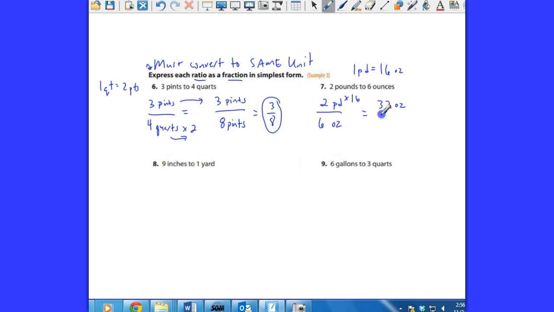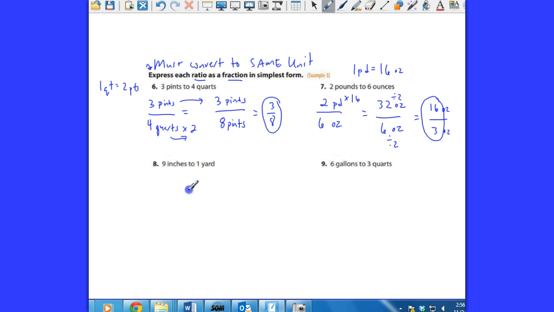You see how now I have the same unit of measure here? I have 32 out of 6, and now I can divide both by 2. I can reduce that and say that 2 pounds to 6 ounces is the same thing as 16 ounces to 3 ounces, or 16 to 3 is really the answer right here. 16 out of 3, and the labels just help me to get there.